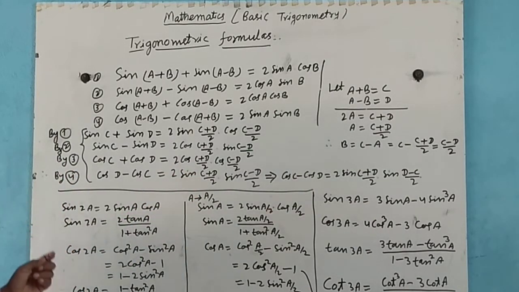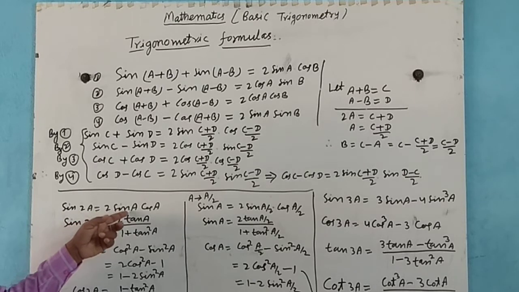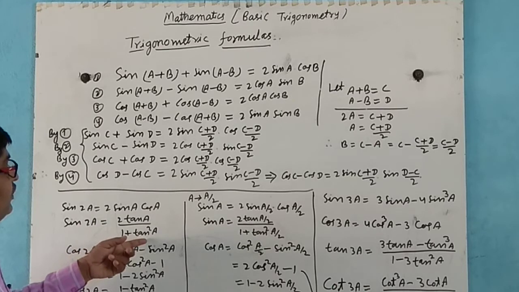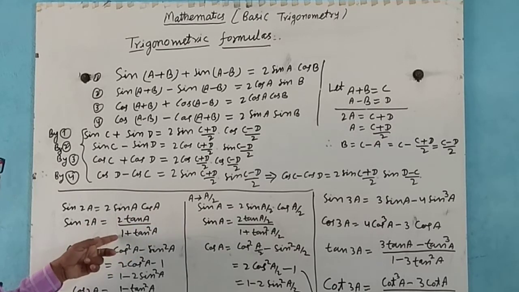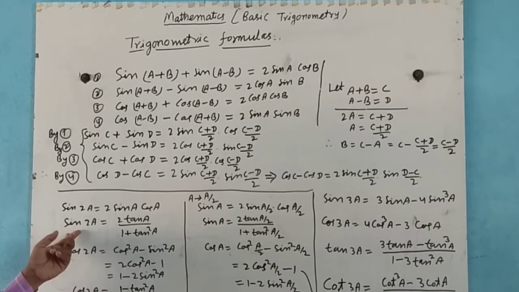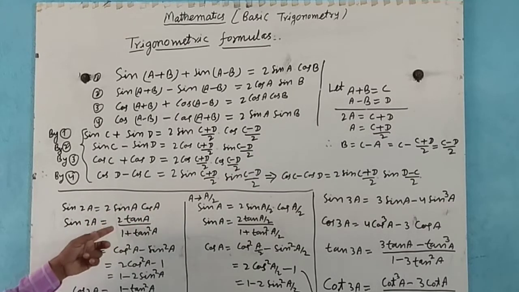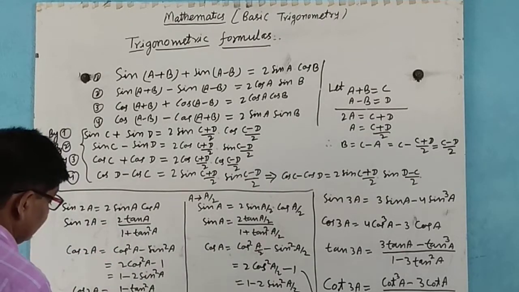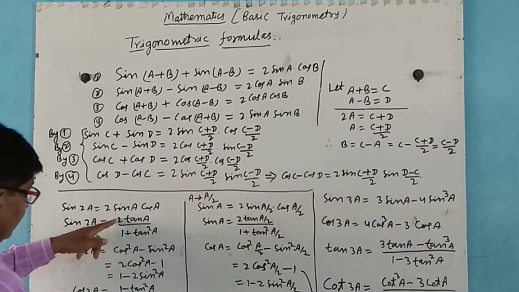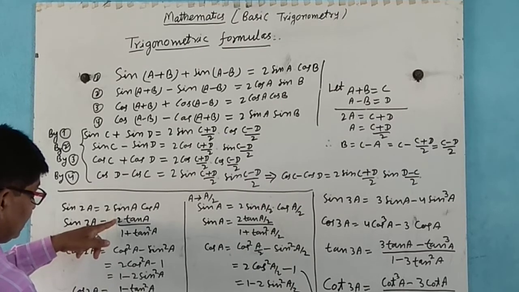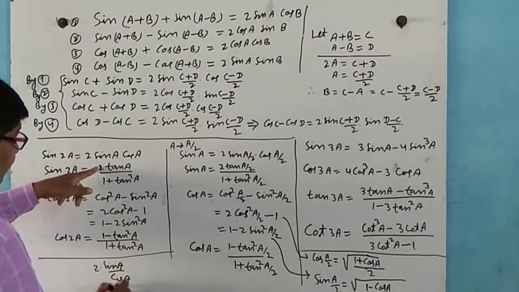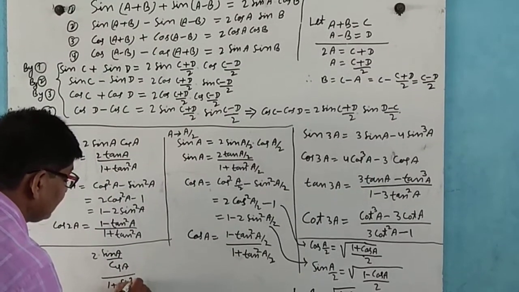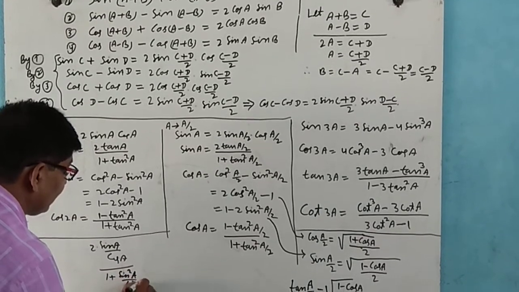Now, as we studied, sin 2a equal to 2 sin a into cos a, and sin 2a is also 2 tan a divided by 1 plus tan square a. If you simplify this, it becomes 2 sin a into cos a. 2 tan a is 2 sin a divided by cos a, and 1 plus tan square a is 1 plus sin square a divided by cos square a.